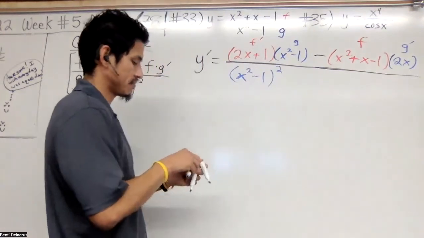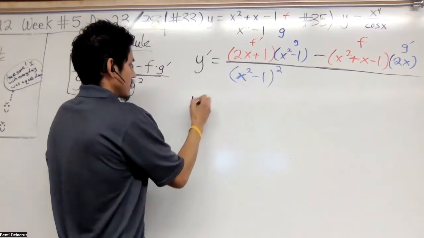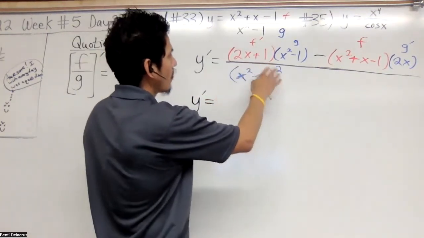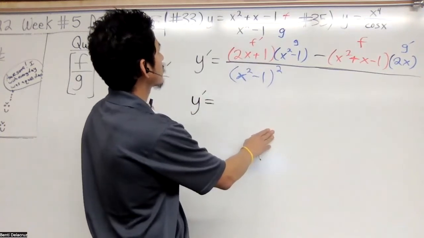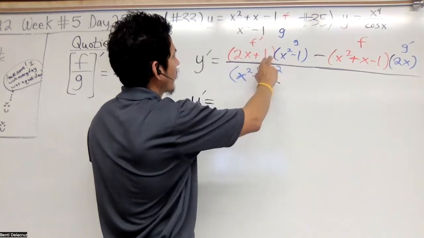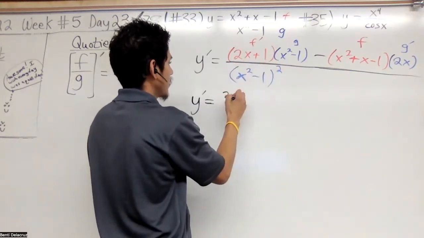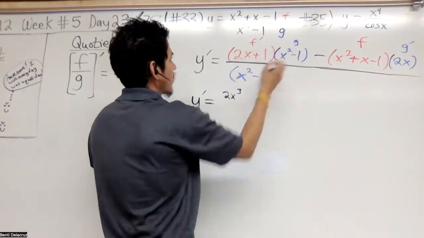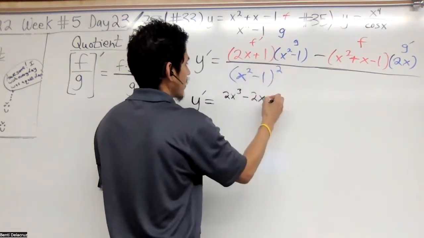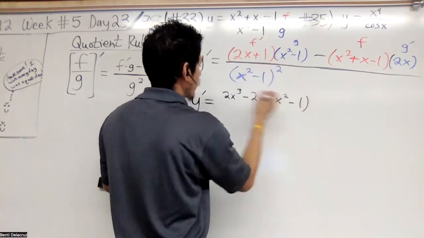Okay, so then the rest is just really algebra. The rest we just have to simplify. So let's see if I can do this without making any mistakes. Let's just multiply this out. Using 2x times x squared, we'll get a 2x cubed, 2x times minus 1 is minus 2x, plus 1 times x, so plus x squared, plus a 1 times a minus 1, so minus 1.